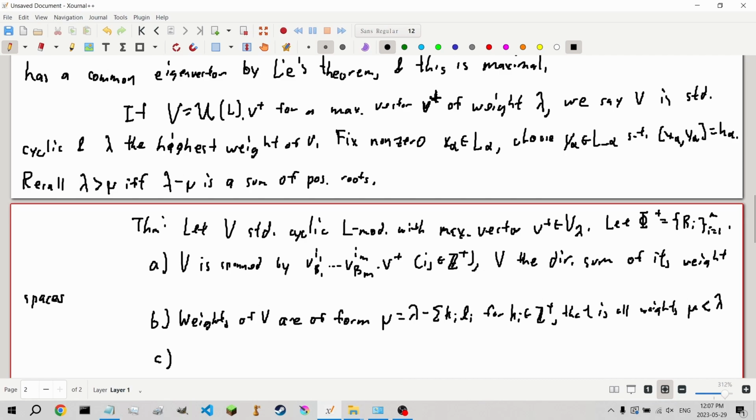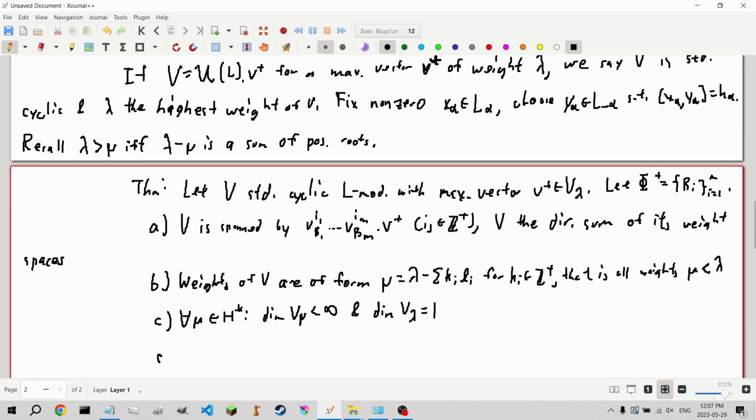Part C, for each mu in H star, the dimension of V mu is finite, and the dimension of V lambda is 1.